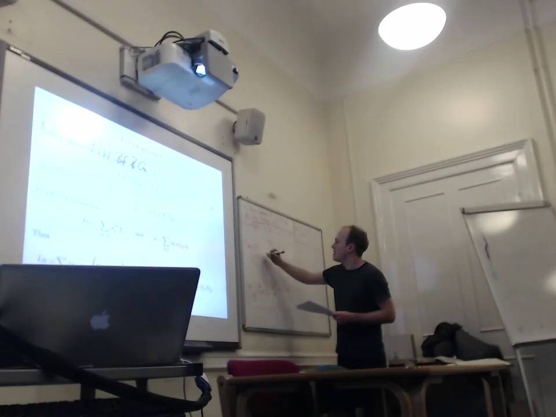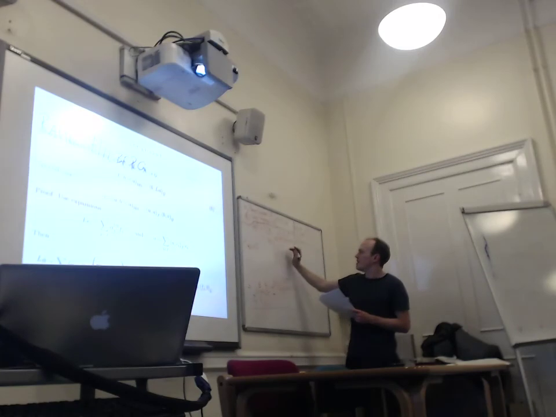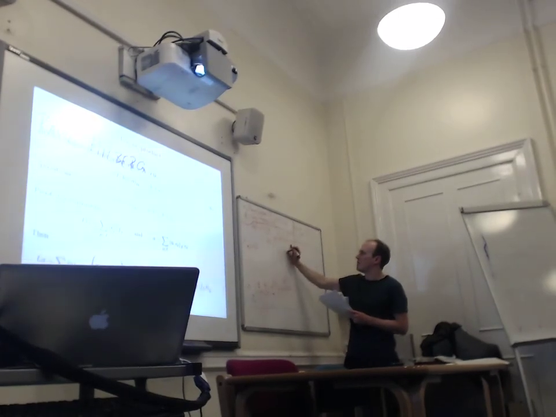Let's now write A as equal to the sum over i of the inner product of A with E_i, times E_i. So what have I done here? I've just basically expanded A in terms of the basis functions E.